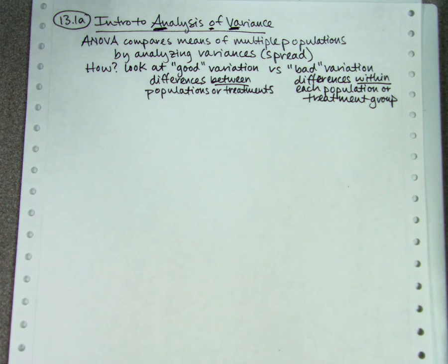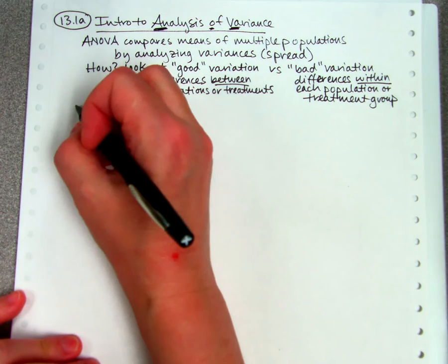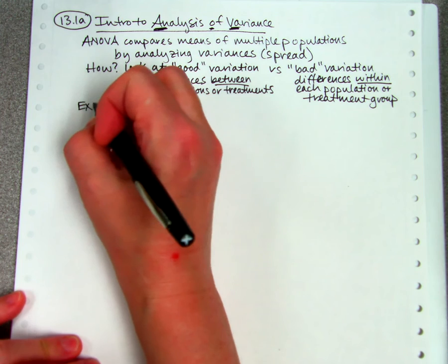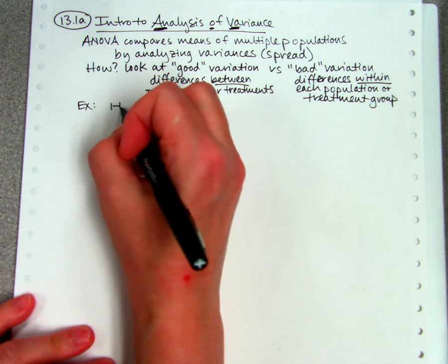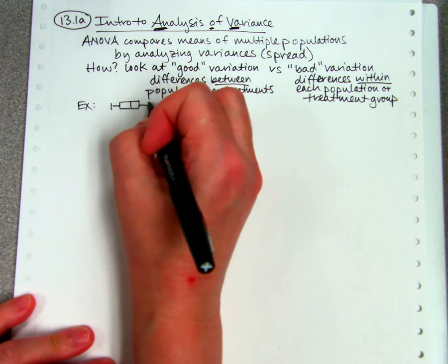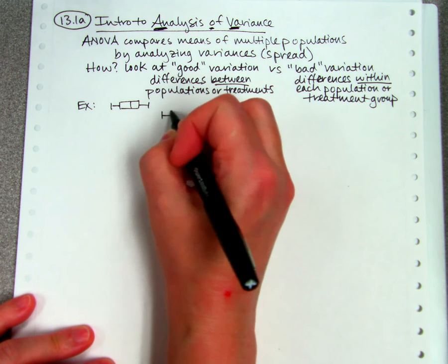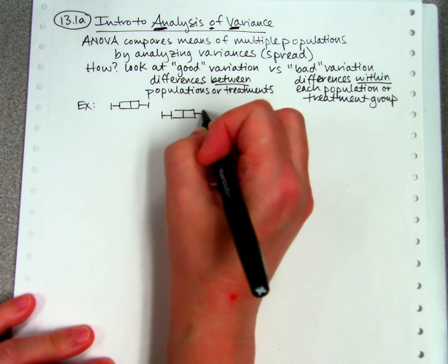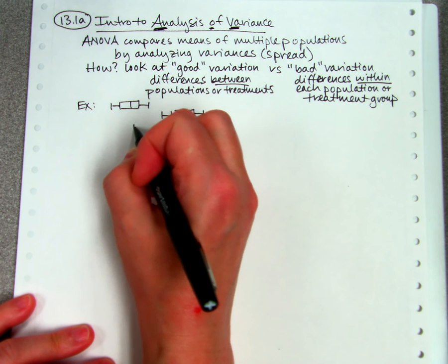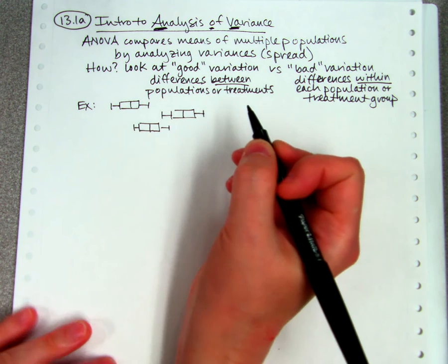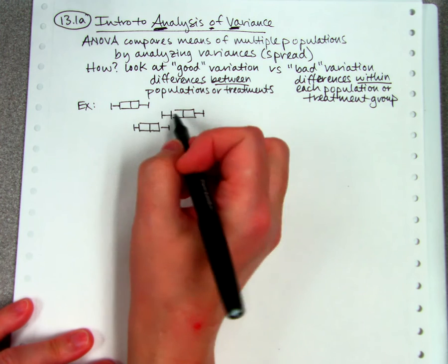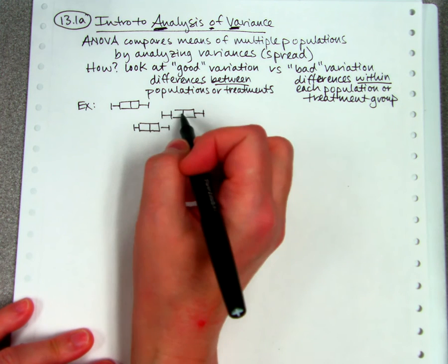All right, so we saw some box plots in the warm-up, and I'm going to do it again, except I'm going to do 3 populations because you can have as many populations as you want. Here are some box plots, just as an example, and let's say there's no overlap at all between those first 2, and maybe the third one is down here with a little bit of overlap. This is a good example because you can really see that there's a difference between these populations.